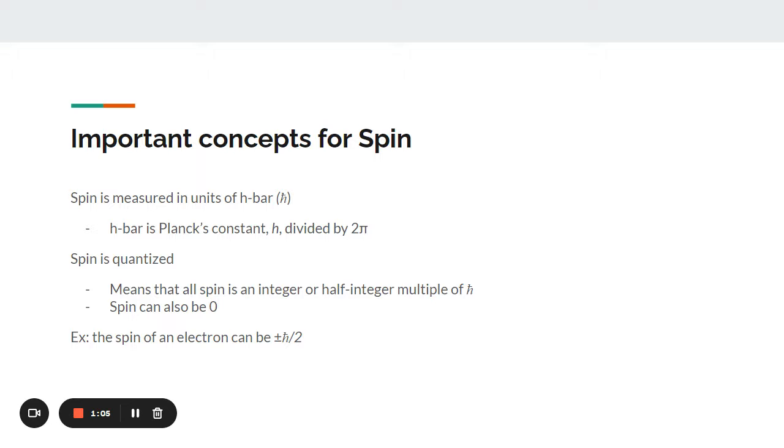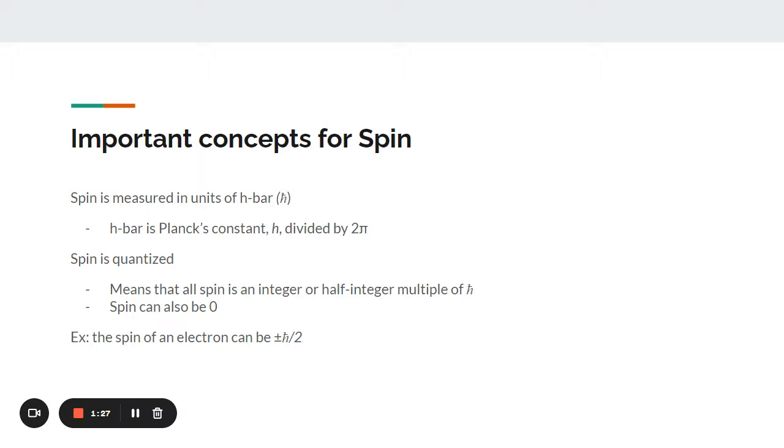Some important concepts for spin: it's measured in units of h bar, and h bar is Planck's constant h divided by 2 pi. A very important thing about spin is that it's quantized, which means that it is measured in discrete quantities, like charge.